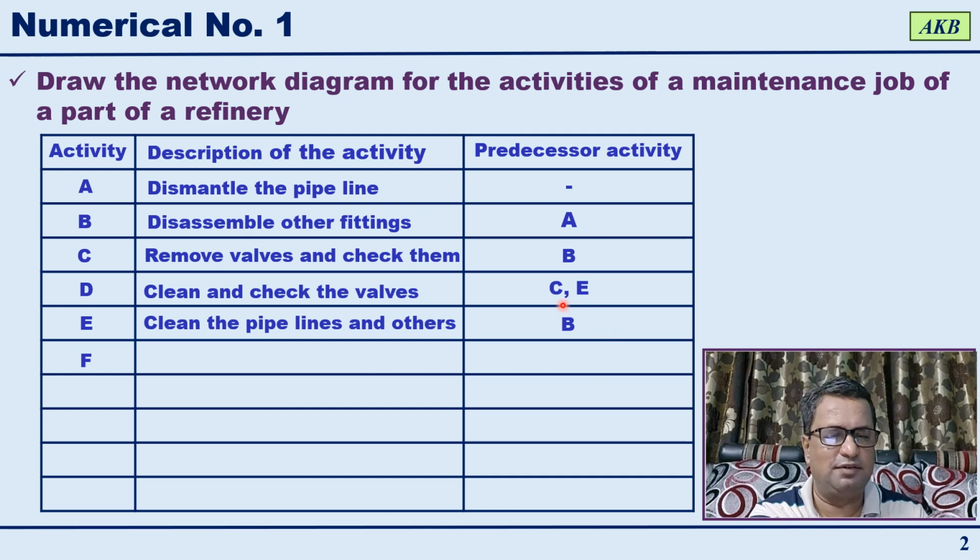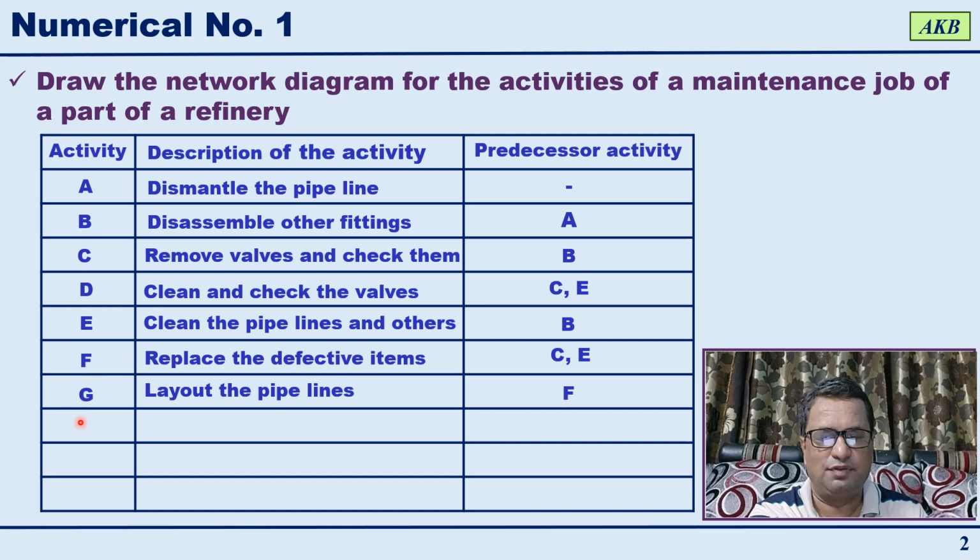Predecessor activity to this is activity B. Then you have activity F, which is replacing the defective items. Predecessor activities to this are activities C and E. Then you have activity G, which is layout the pipelines, and predecessor activity to this is activity F.